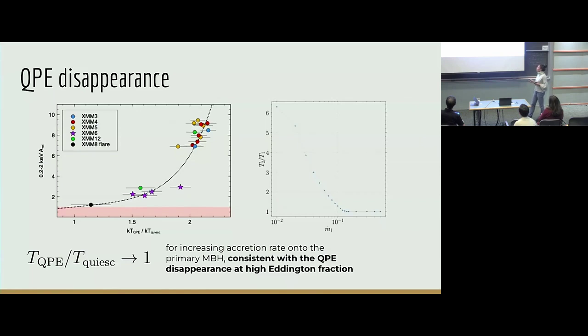And this is what we get, the temperature ratio between the final temperature of the cloud and the initial temperature of the gas in the disk. And as you can see, as m dot, the accretion rate onto the primary, increases, this ratio decreases, and this means that the QPs are not detectable anymore. So this is another hint that this might be a reasonable model to explain these QPs.